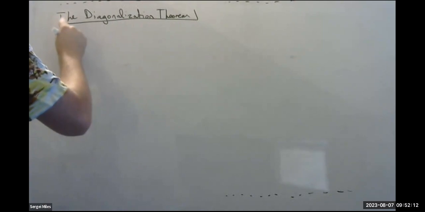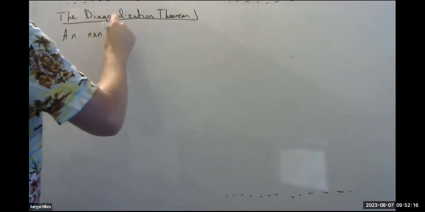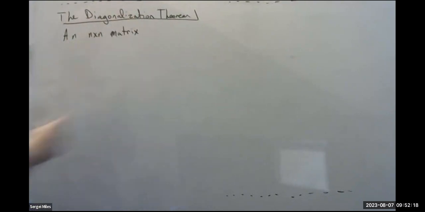All right, what is this? Well, an n by n matrix. So first of all, we're talking about square matrices. If it's not square, it's not diagonalizable.